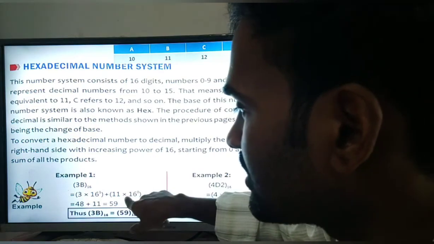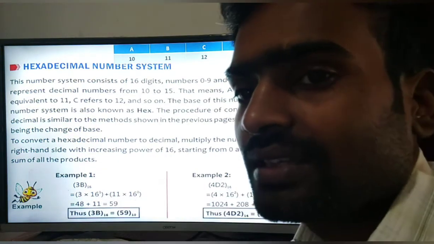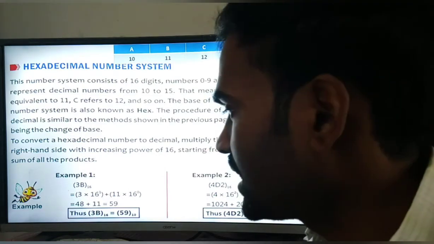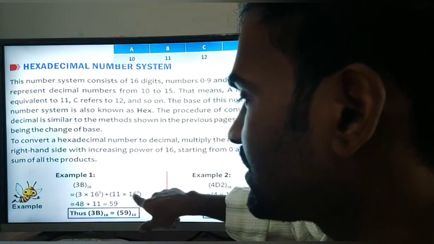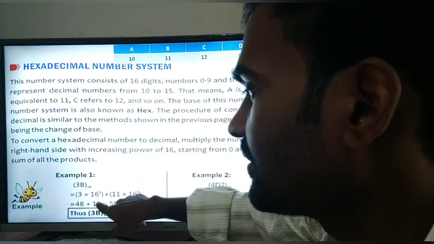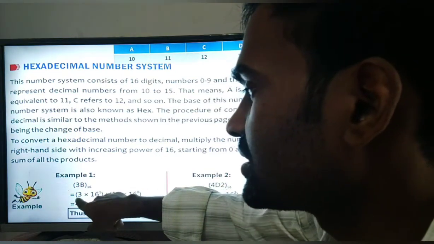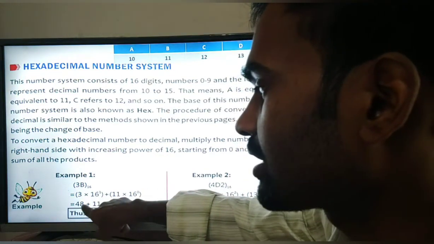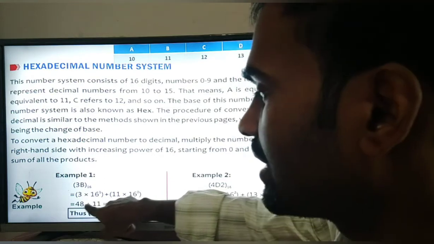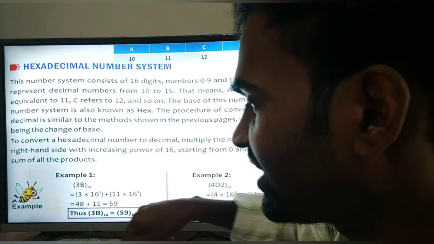The same method from previous topics we follow here. 16 power of 0 is 1, so 1 into 11 is 11, and 16 power of 1 is 16, 16 into 3 is 48. When we add both of them, 48 plus 11, we get 59. So the decimal value is 59.